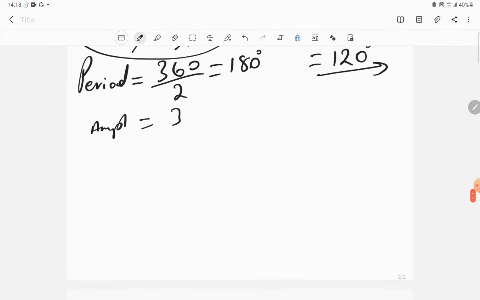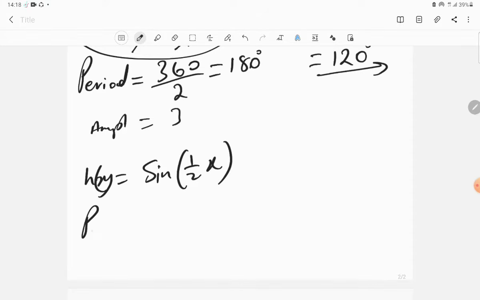Now let's just do this one. Let's say h(x) is equal to sin 1/2 x. If someone asks you what is the period of this graph, the idea is to just do 360 divided by the value of b. This is still the value of b, so divided by half. But it's really not equal to 180.